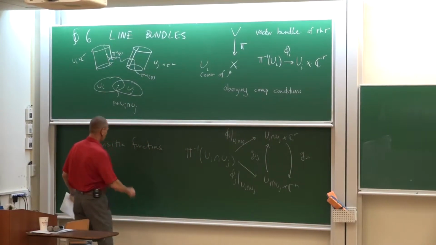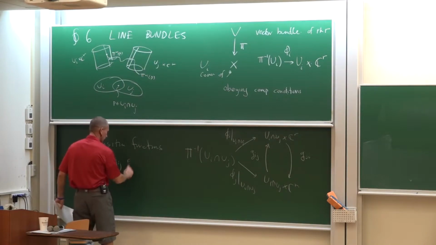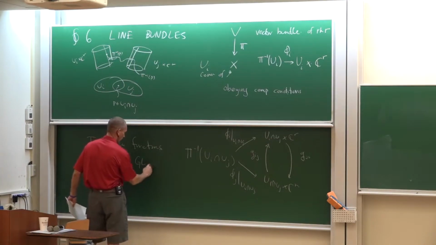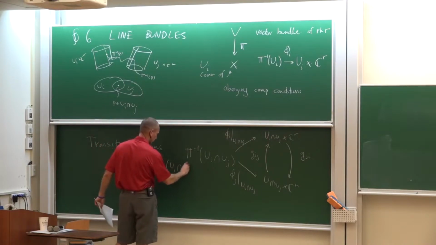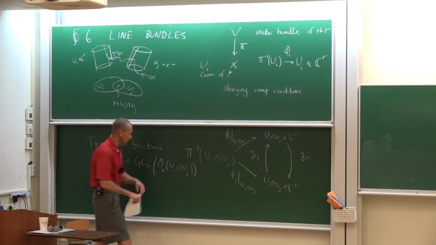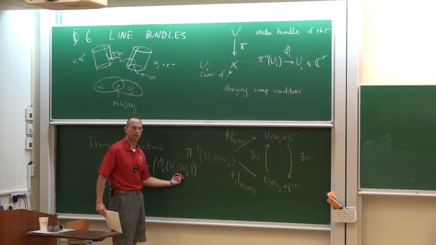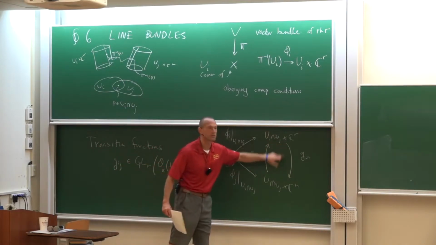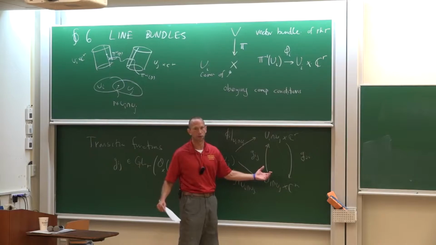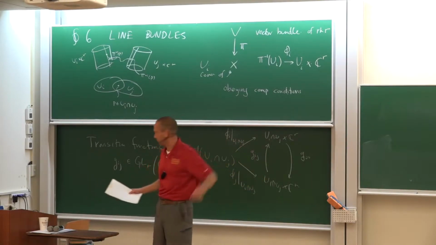And so the g_ij and g_ji live in GL_r of O_X(U_i intersect U_j). In other words, this is an r by r matrix of regular functions on this chart, and it's invertible, which makes sense because if I compose these things, I should get, audience participation, the identity, right, when I run these things.